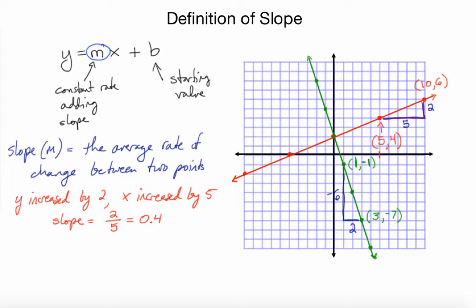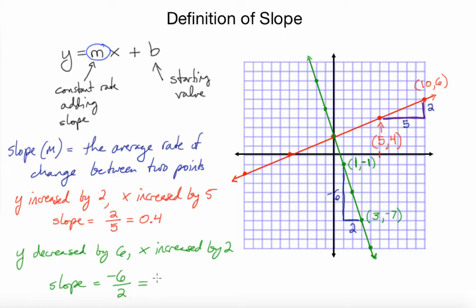So let's write that out. So y decreased by 6, that's a -6, as x increased by 2. So if I put that together, the slope then is equal to -6, because I lost 6 for my y values, as I changed by 2 for my x values.